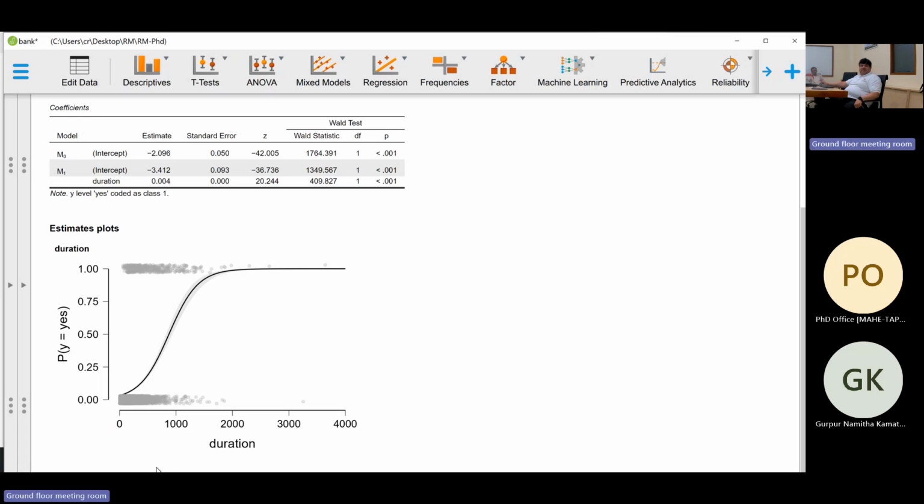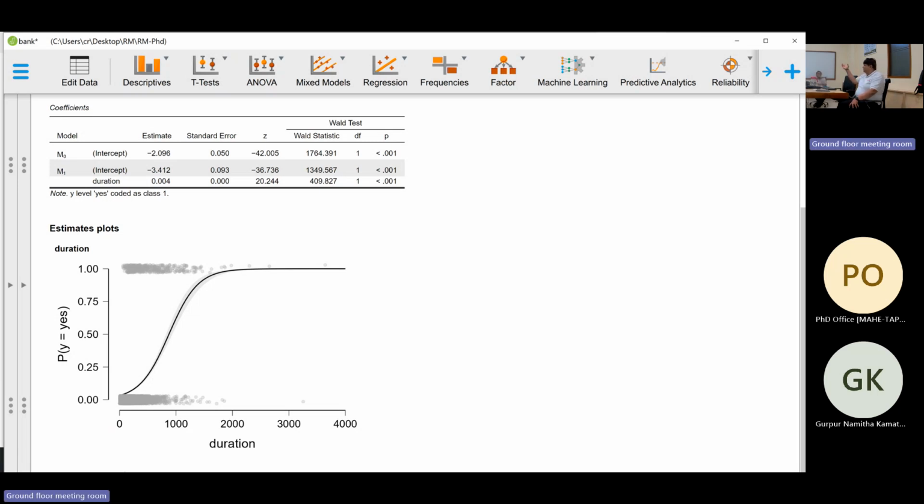So what's happening? Here you see there is a curve. This curve actually resembles an S. It's not such a nice S here, because the data is real.